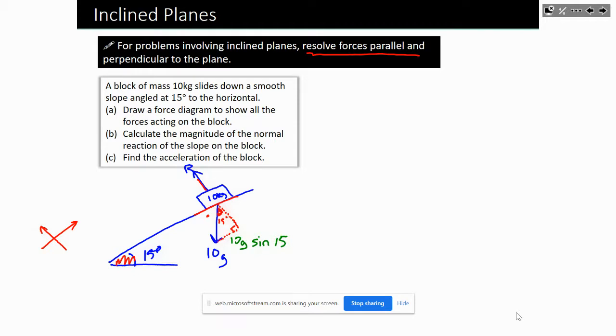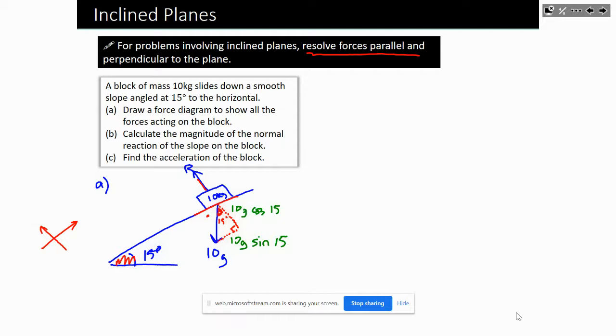And next to our angle, we're going to have 10g cosine 15, because it's next to our angle. And the 10g, our weight, is always going to be the hypotenuse of that right angle triangle. That's why it's our 10g multiplied by sine or cosine of 15.